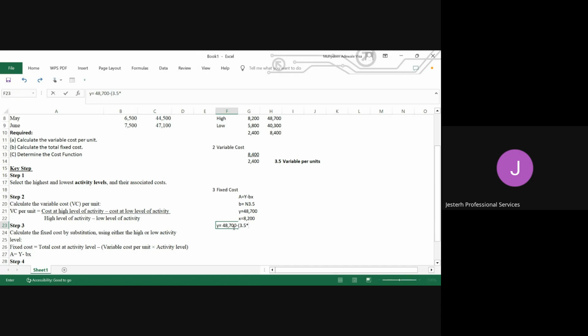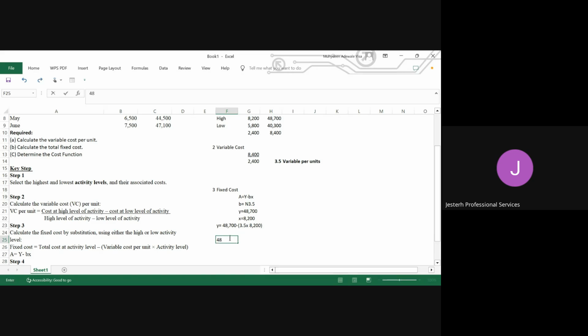Our level of activities now is 8,200. Now, this is how we are going to structure it into the formula. Then we need to calculate it one after the other.